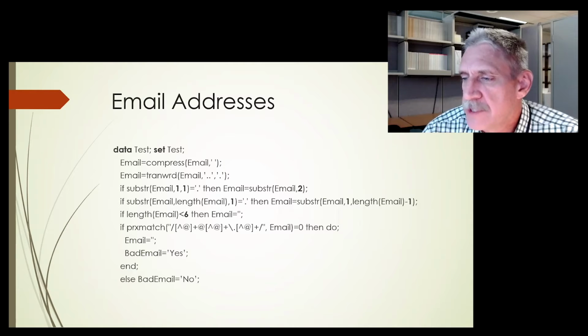So my regular expression, the PRX match there, goes through, tests to find out if it's a letter, then at, another letter, a dot, and then at least two more letters. And if it doesn't fit that minimal matching, then it says it's a bad email and it'll reset it to null for me.